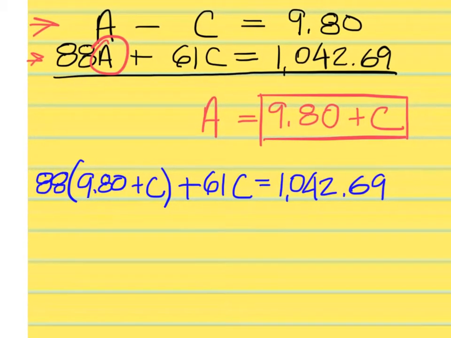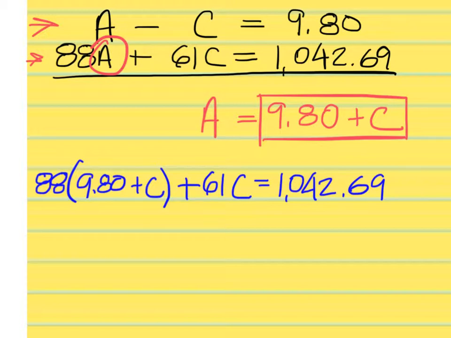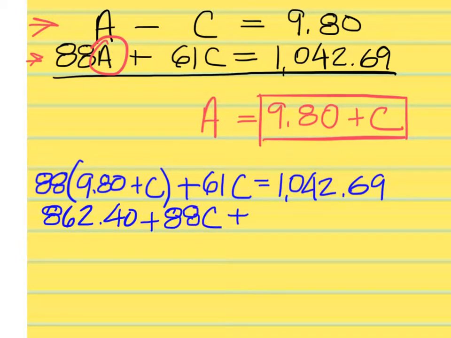And I must solve that equation for C. My first step is to distribute the 88 through the parentheses and come up with 88 times 9.80, which is going to be $862.40. And then 88 times C. And then we have plus 61C equals 1,042.69.